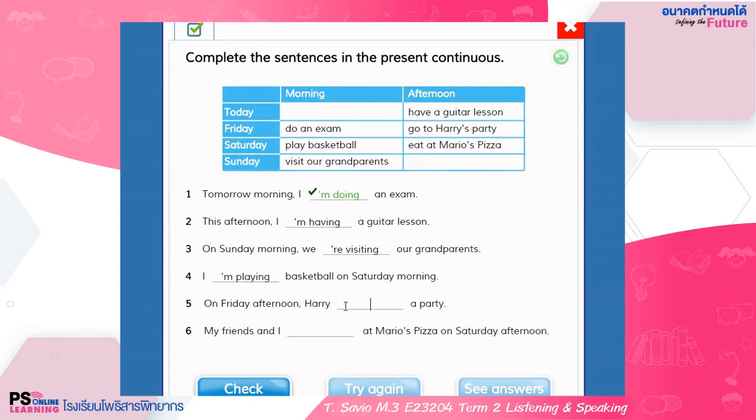Harry's having a party. 6, my friends and I at Mario's Pizza on Saturday afternoon. My friends and I are eating at Mario's Pizza on Saturday afternoon. Well done.